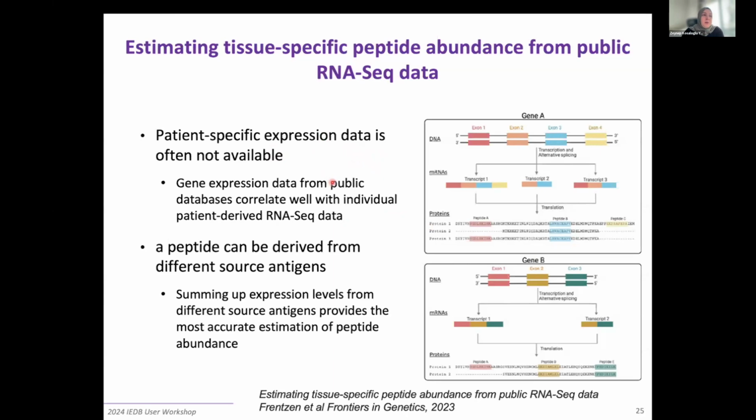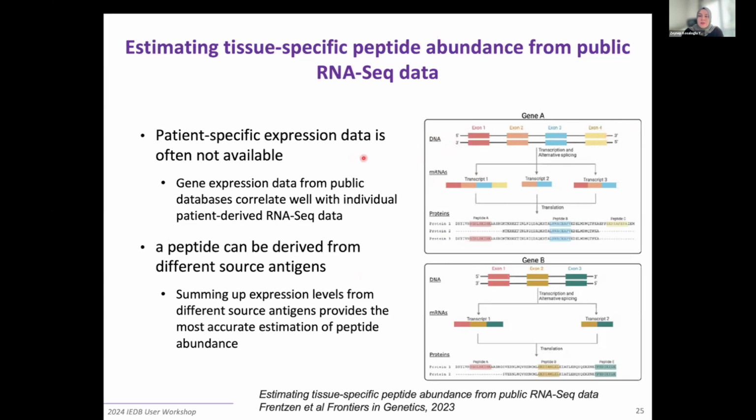We also found that some peptides can be derived from different source proteins, and it is not clear which expression value to use in such cases. So here we have a nice example, with a DNA sequence with the different exons.